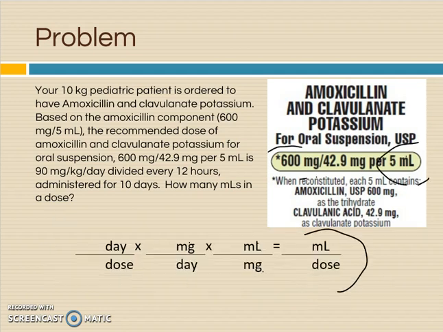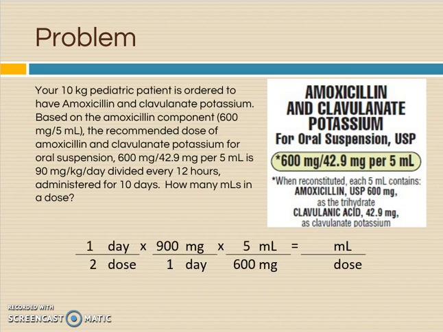And then we have days in a dose, and that's every 12 hours. So again, we get the same thing, and it is 3.75 milliliters in a dose, and that is the answer that you're looking for. I hope that this helps you to be able to figure out some of the questions on the practice sheets.